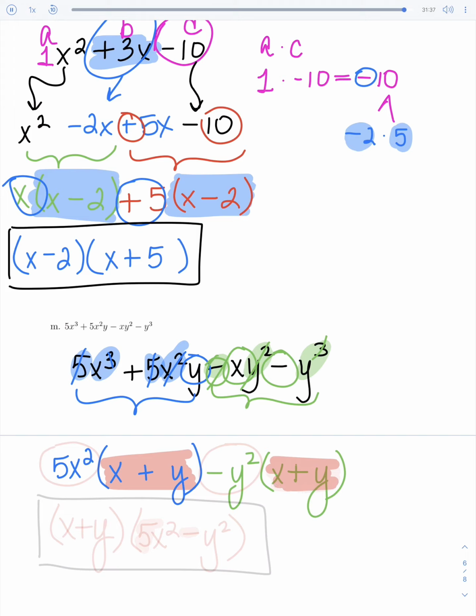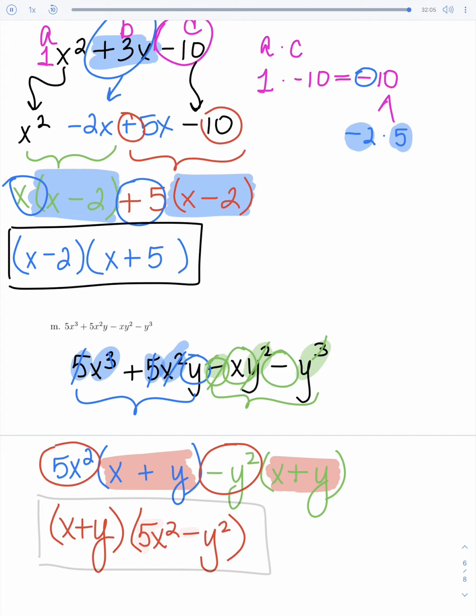As a reminder, if it doesn't match, you did something wrong. So let me pull out my matching x plus y, parentheses and all. Then my leftovers will go inside of another set of parentheses. Well, what's left over is my 5x squared and my minus y squared. Now, notice, if you are thinking about squares with that last piece, with our leftovers, you should.